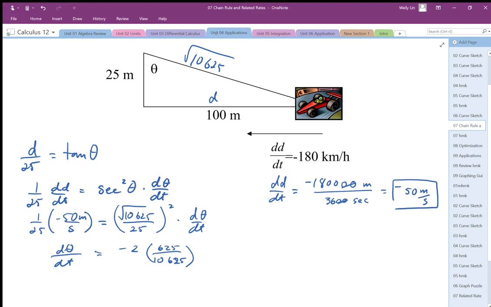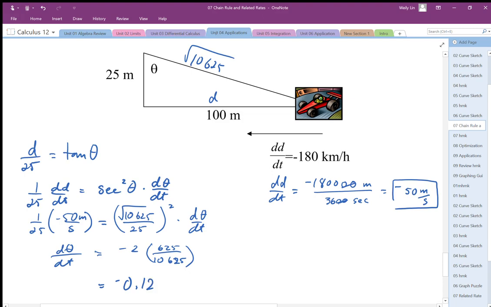So it's going to be negative 2 times 625 divided by 10,625. I'm getting negative 0.12 radians per second.